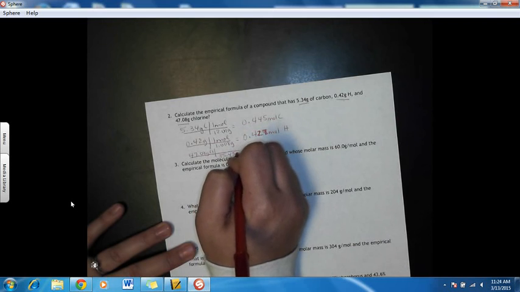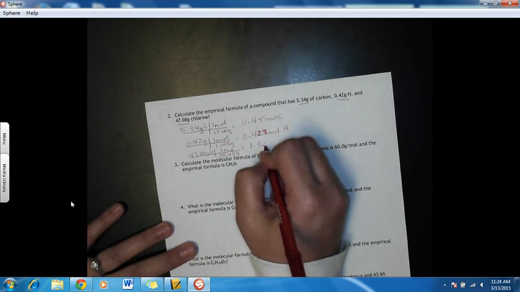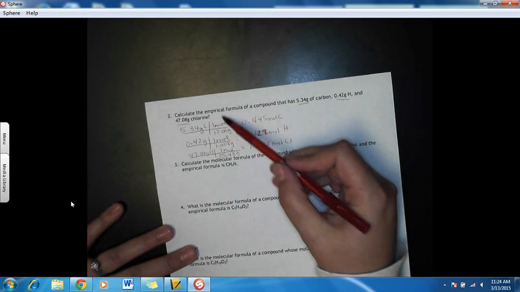And then 47.08 grams of chlorine. Chlorine is 35.45 grams for 1 mole, and that gives us 1.328 moles of chlorine. So we changed all of our masses to moles.